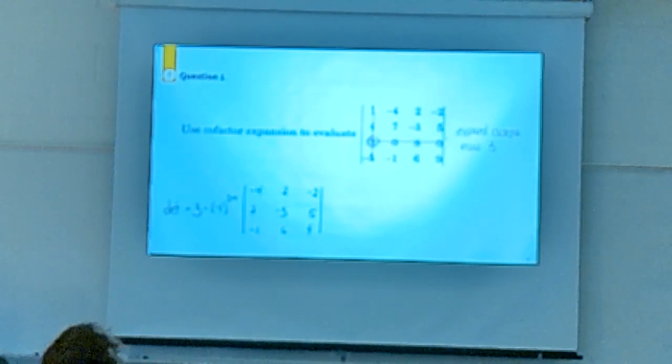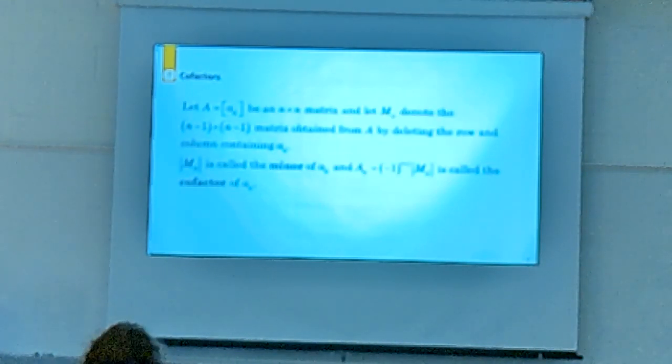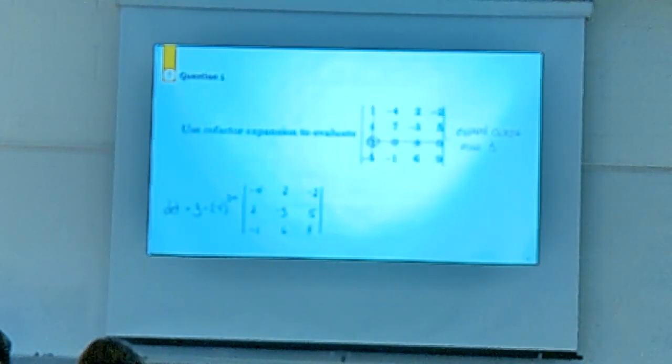How did you get the -1? This is the definition of cofactor. Oh, right. Okay. Plus 0 times, well, 0 times any real number is 0, so we can ignore that.